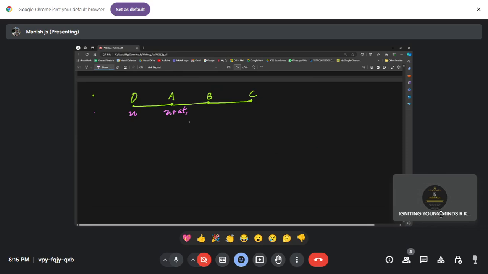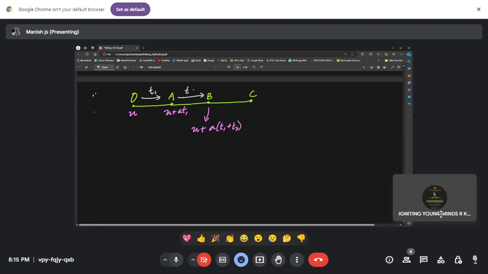At point B, the velocity becomes u plus a times t1 plus t2 because it takes some more time to reach. To reach from O to A, it takes time t1. From A to point B, it takes time t2.